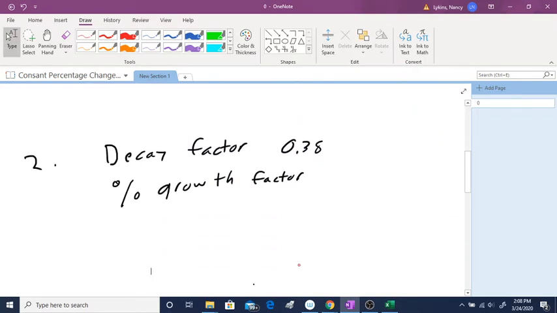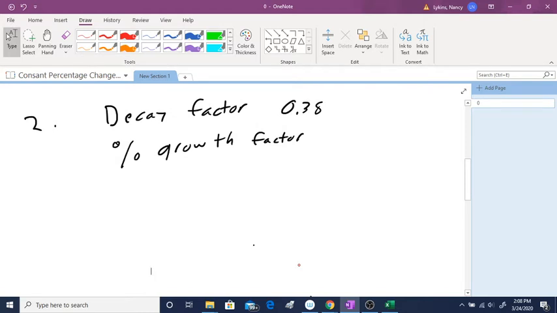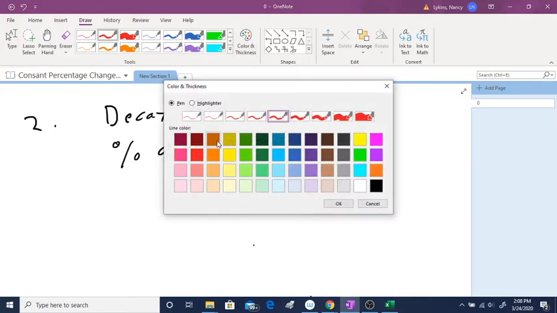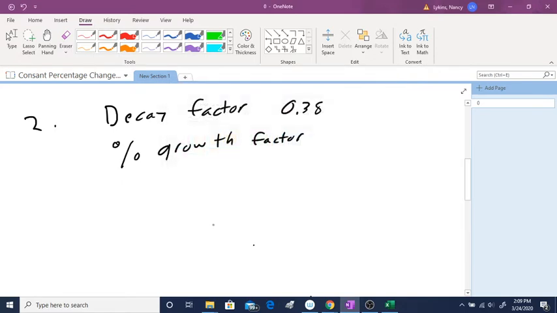Now, another one, same type. I give you a decay factor of 0.38, and I want to know what is the percentage of growth factor. So if you want to, you can pause this to work on it, and then come back and you can see if you've worked this correctly. So now, since it's a decay factor, you always subtract the decay factor from 1.